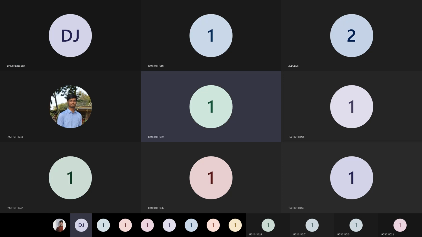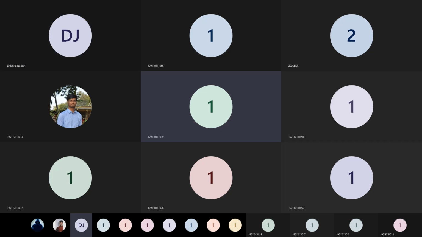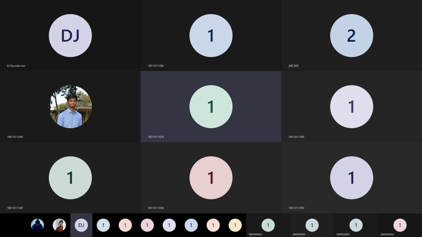Sir, F is equal to 10 hertz and FH is equal to 1K. So 10 upon 1000. That is 0.01. 0.01 whole square is 1 into 10 raised to minus 4.